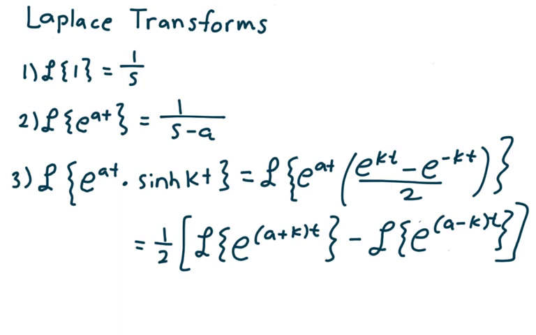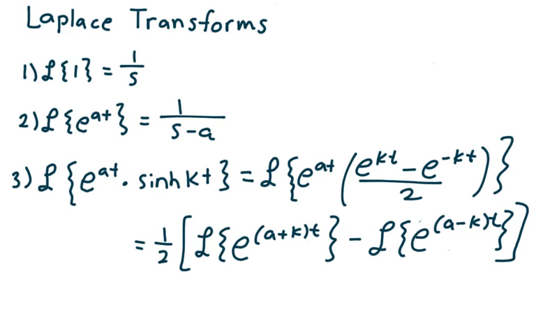The Laplace transform of e to the at times sinh of kt is equal to the Laplace transform of e to the at times the quantity e to the kt minus e to the negative kt divided by 2.